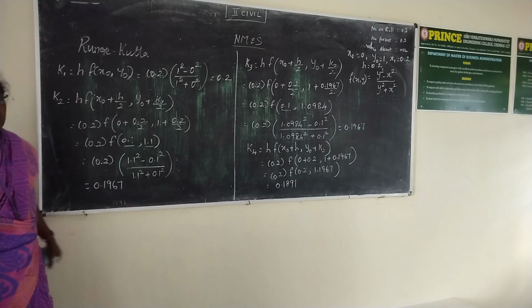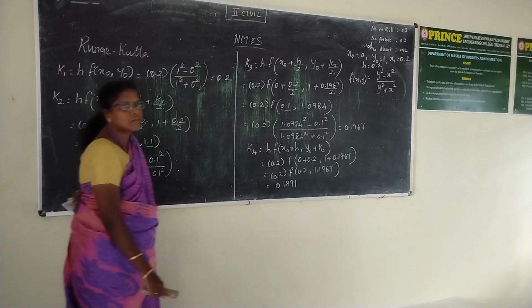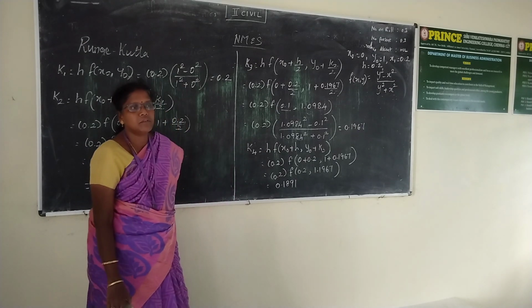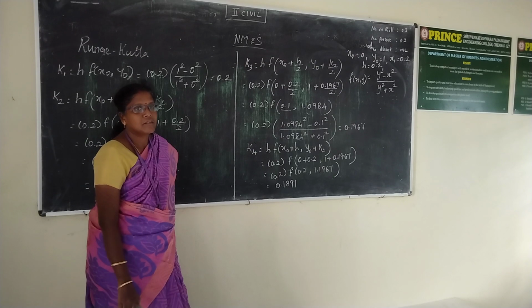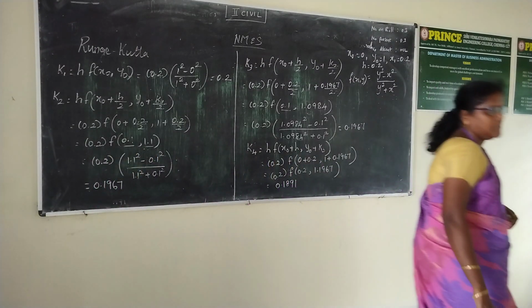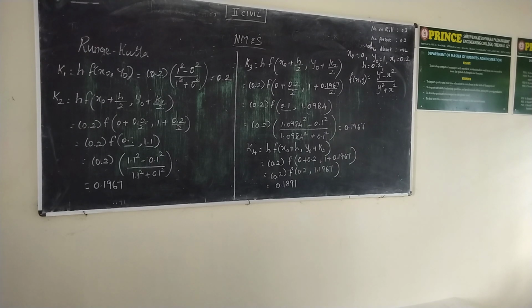What were you getting? 0.203. What about you? 0.20. Have you input the data in the calculator? 0.2 should be multiplied at the last, not at the first.